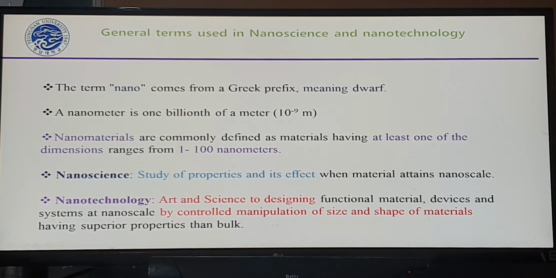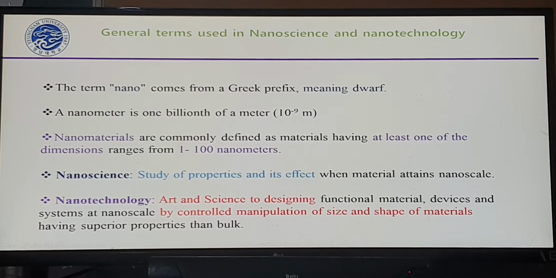If you take a cube, it is a three dimensional material. If you take a rod or wire, it is a one dimensional material. If in any one dimension, lengthwise or widthwise, it is below 100 nanometers, then it can be treated as a nanomaterial.